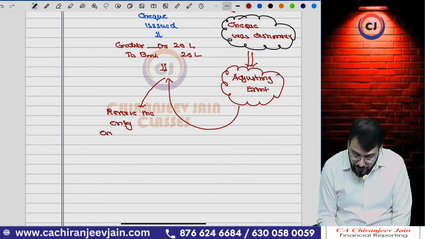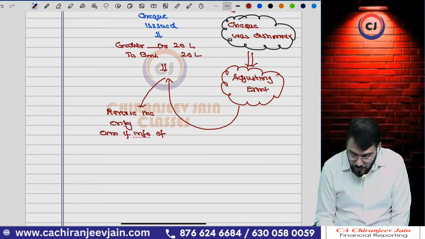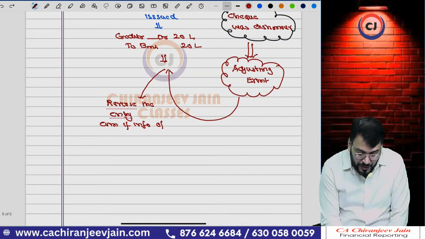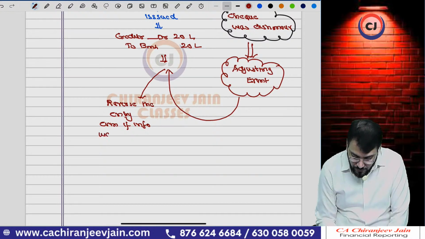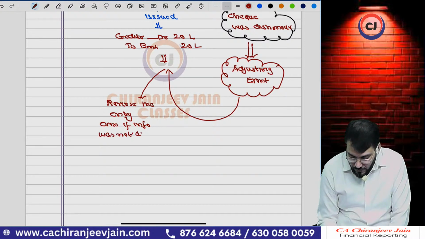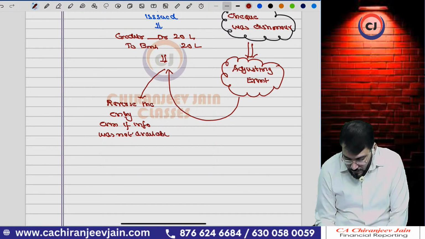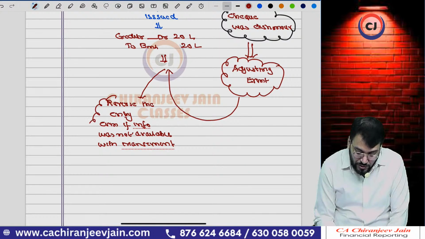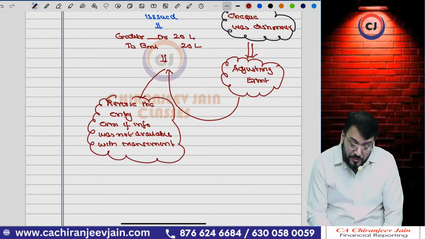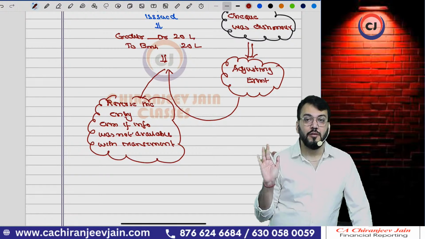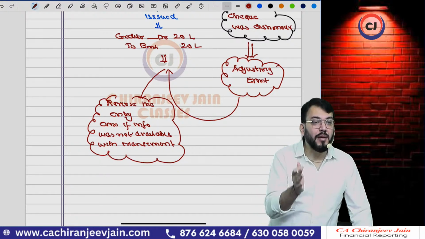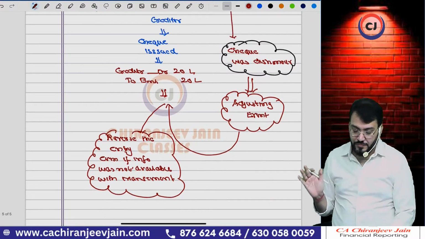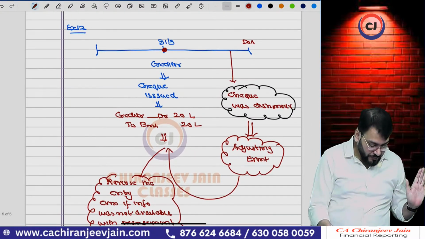Even if the information was not available with management, even though this information was not available with management, it still becomes an adjusting event, because in any case they need to maintain a balance of 20 lakh. Got this point? Correct.